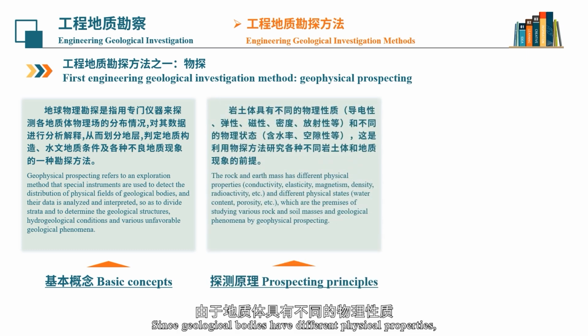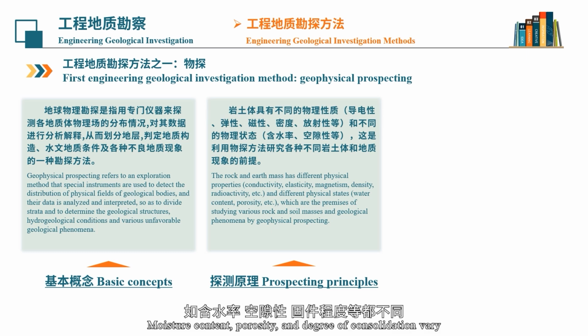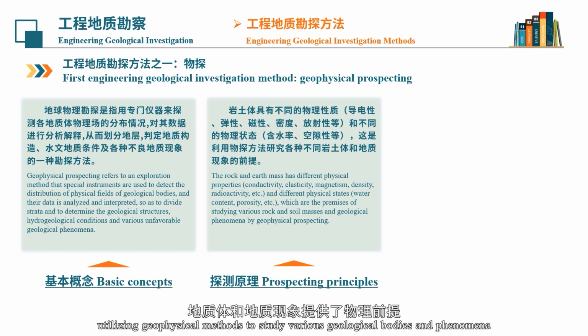Since geological bodies have different physical properties, such as conductivity, resiliency, magnetism, density, radioactivity, and different physical states, moisture content, porosity, and the degree of consolidation vary. This provides a physical basis for utilizing geophysical methods to study various geological bodies and phenomena.